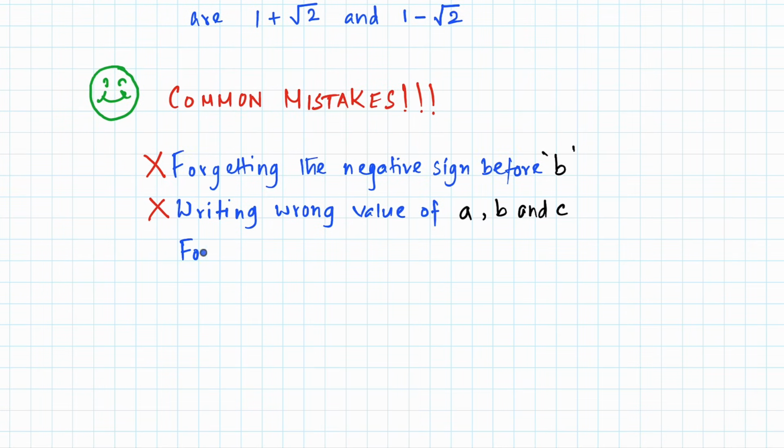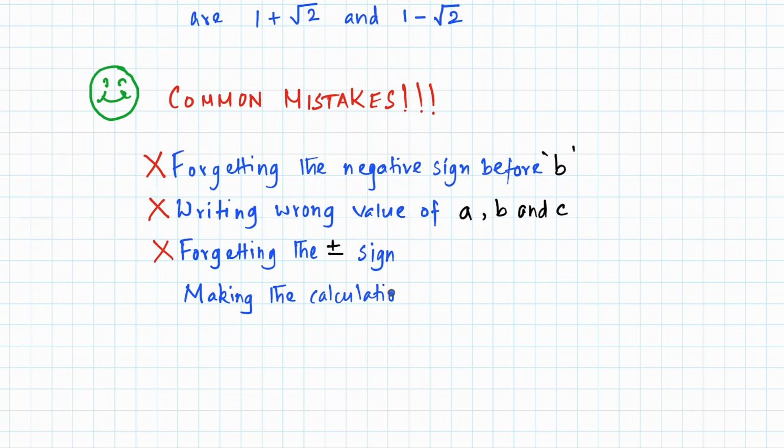Sometimes we mix the values of a, b, c while substituting in the formula, and we also forget the plus minus sign in minus b plus minus. That has to be kept in mind, along with making calculation mistakes while finding the roots.